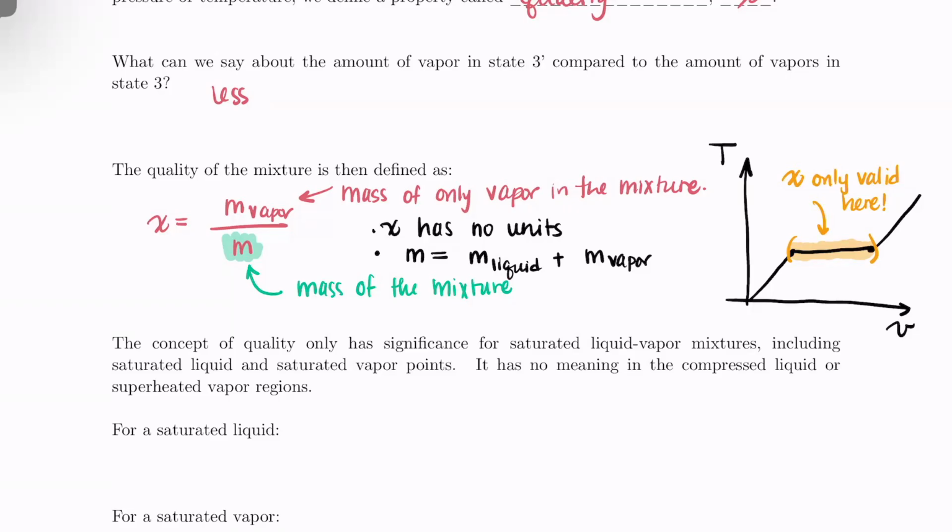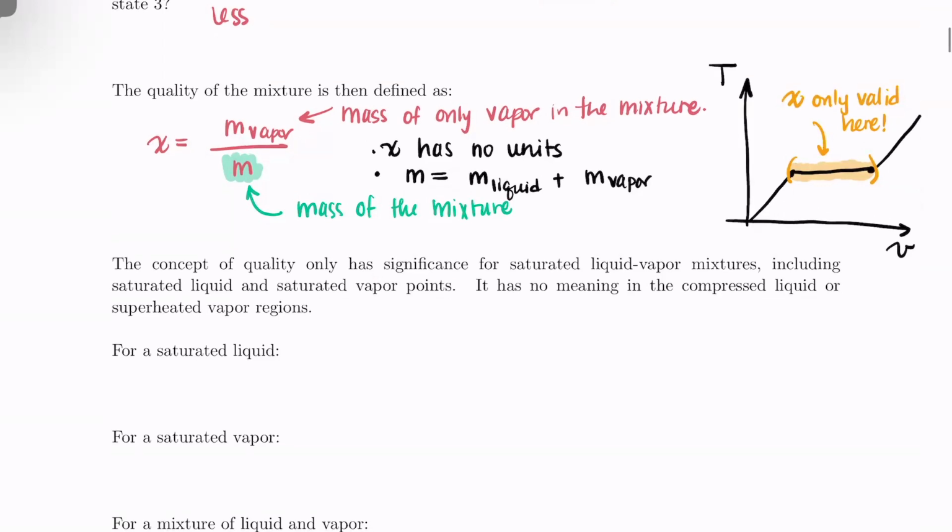Given that quality is defined as the mass of vapor over the total mass of the substance, what do you think X would be for a saturated liquid? How much mass of vapor do we have for a saturated liquid? 0, right? Great. So that means X is equal to 0. And for a saturated vapor, how much mass is vapor? Yeah, it's M, it's all of it, right? So then X is equal to 1.